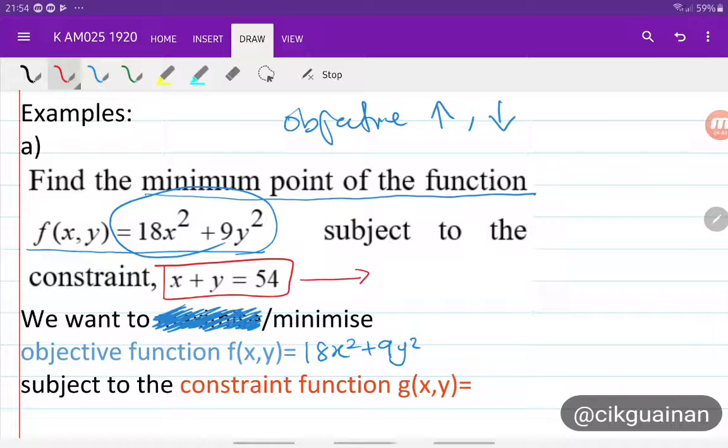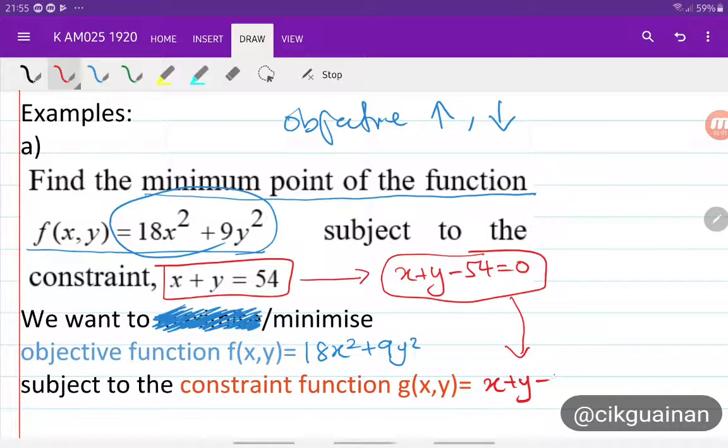We make sure everything is on one side and then equals 0. So we take this whole lot and put it here, x plus y minus 54 equals 0. I know you might be alerted by these two equal signs on the same line, but this is the special case for the constraint function for Lagrange multiplier. Don't worry much about it.